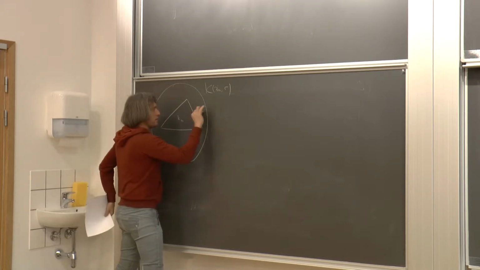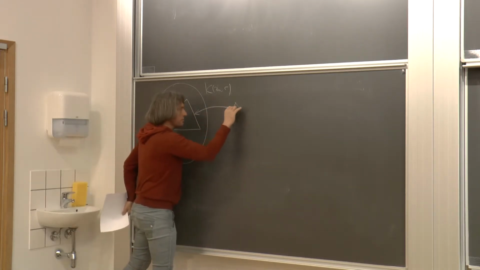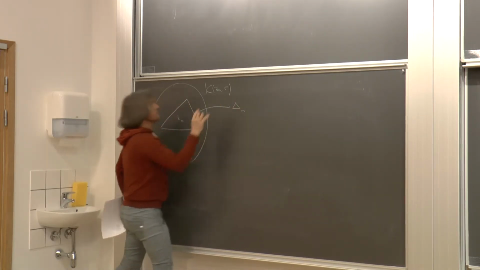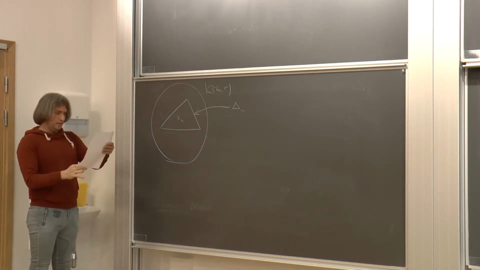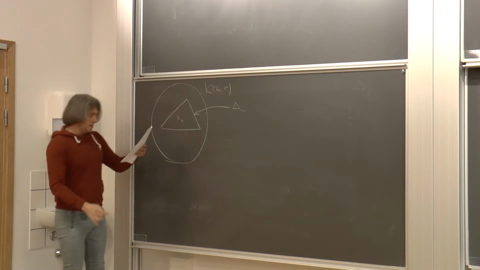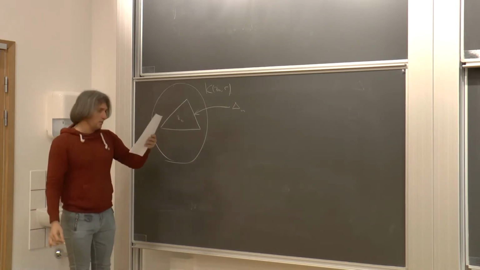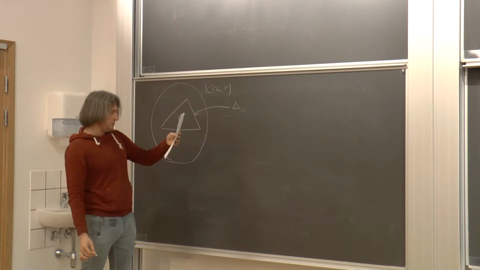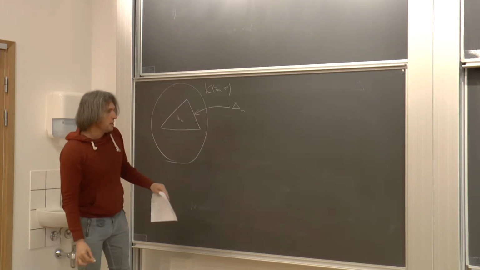This is our triangle, one of them, so delta n for example. And as we calculated, I think that my enumeration differs from the one in the book.